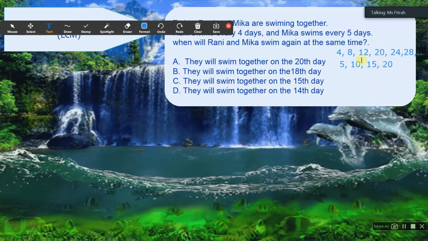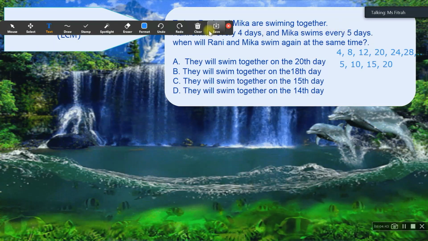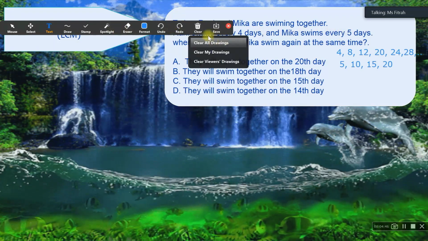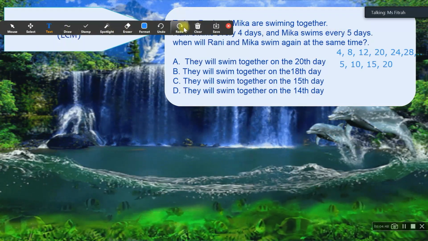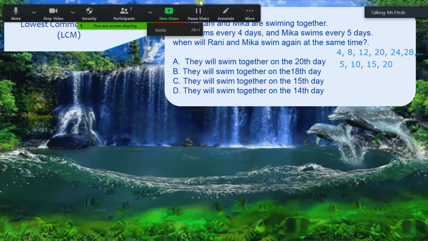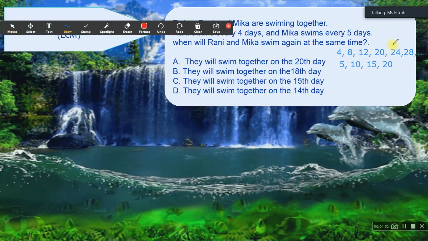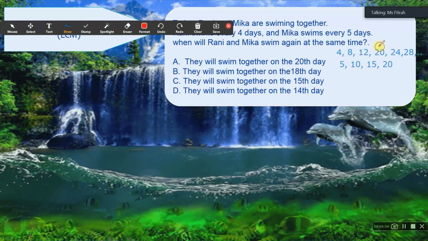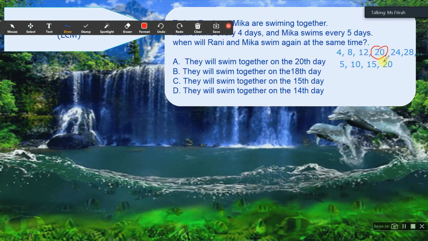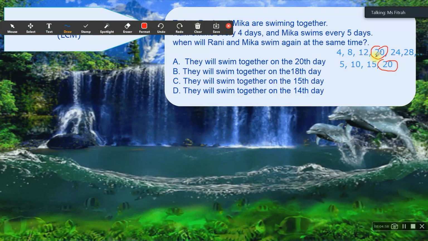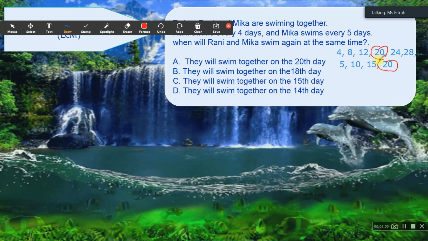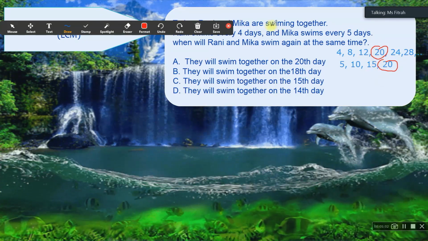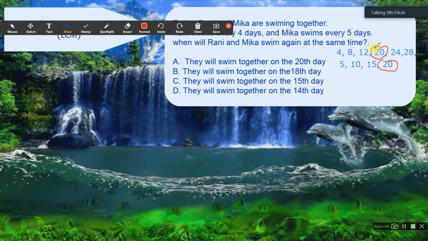Yep, the common multiple of 4 and 5, right? Where is the common multiple of 4 and 5? Yep, the same number, 20. Yep, it is the lowest common multiple of 4 and 5. It's the lowest.